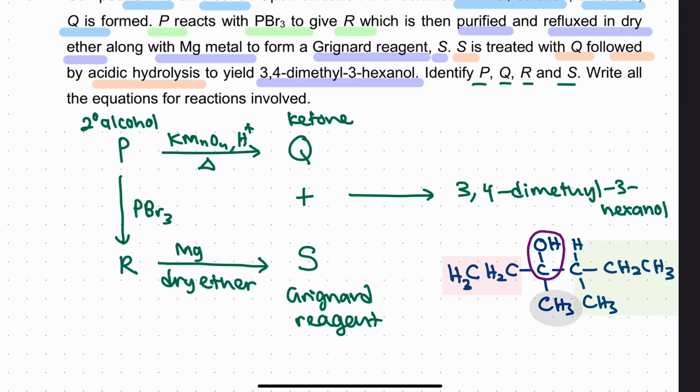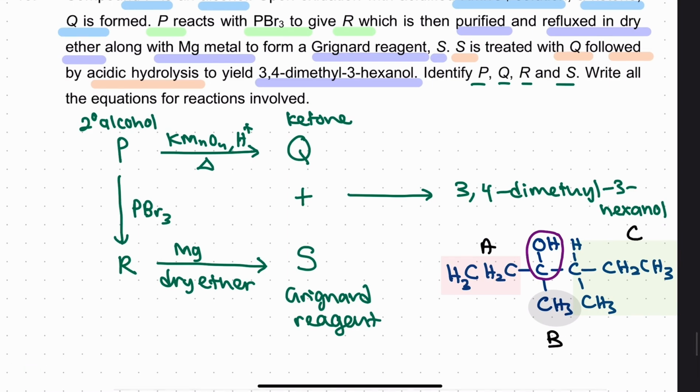If I were to label them, let's say A, B, and C. Two of them are coming from our ketone and one of them is coming from our Grignard reagent.